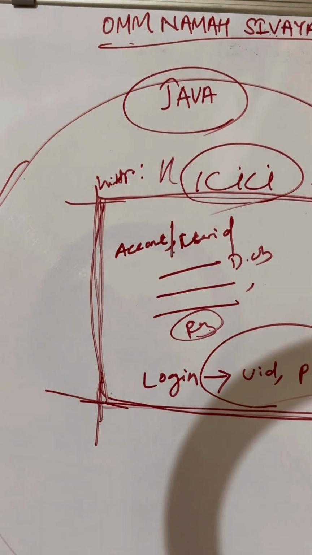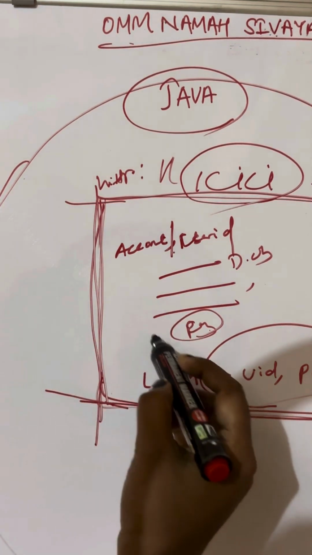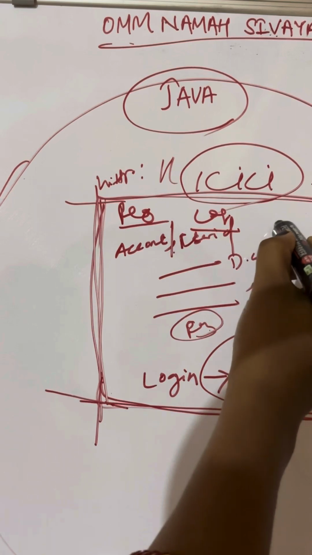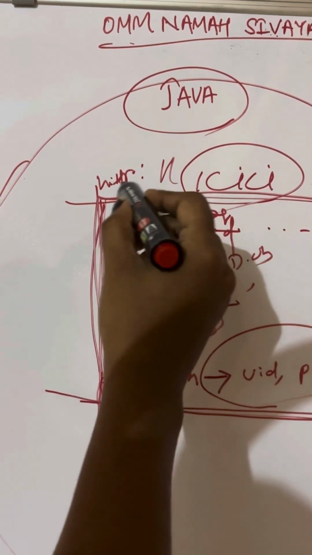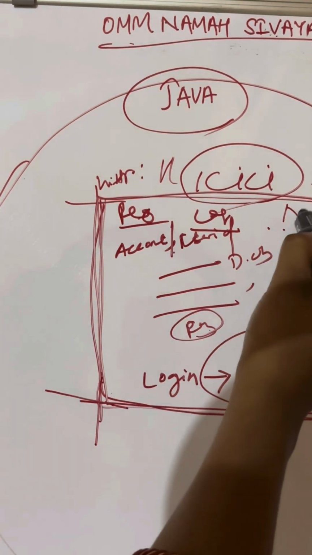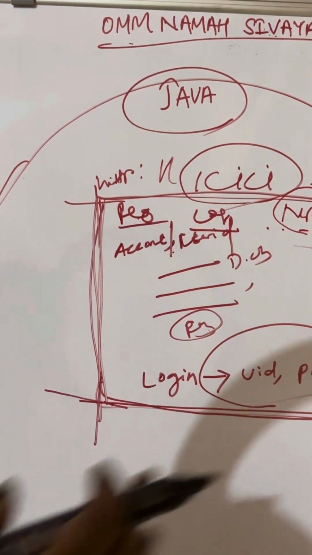What is a UI developer? As you see on this screen, here we have register account and login. We have different options. You can go through the site and see there are a lot of options. If we are NRI, we have different options there.